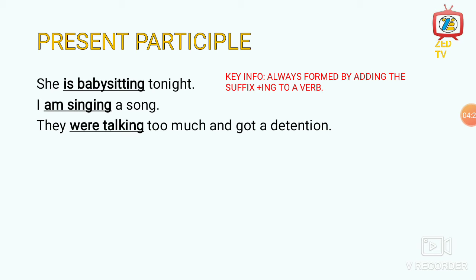When it is used with auxiliary verb, such as is, are, was, were, and am, it forms a compound verb as in present continuous tense. Look at the example. She is babysitting tonight. I am singing a song. They were talking too much and got a detention. The key info that you need to remember here is that present participle is always formed by adding the suffix ing to a verb.